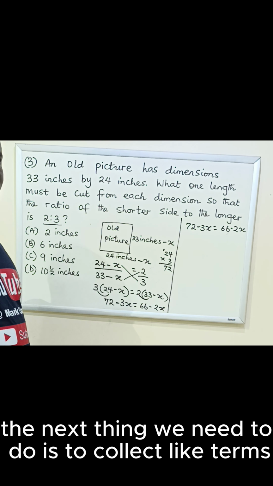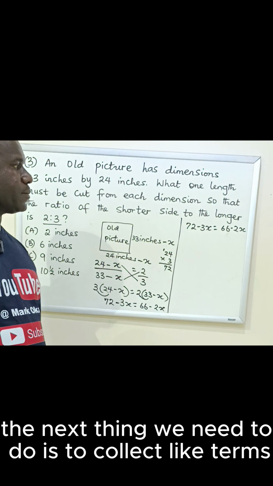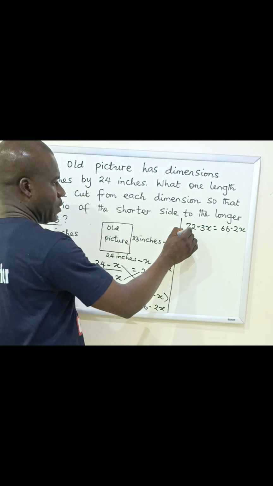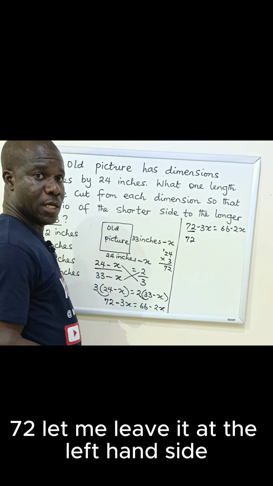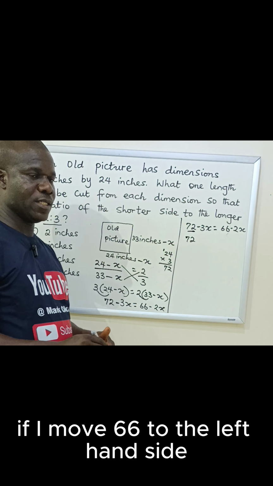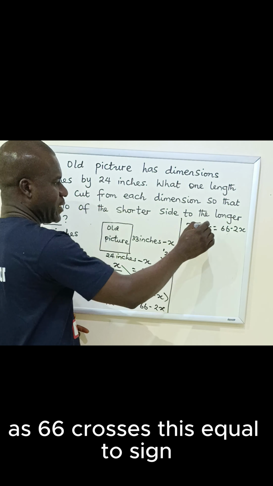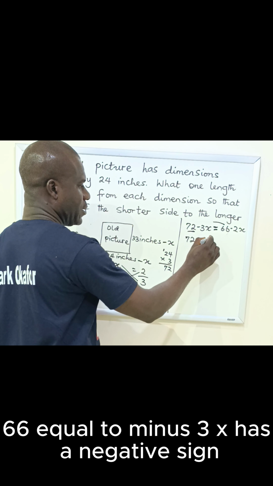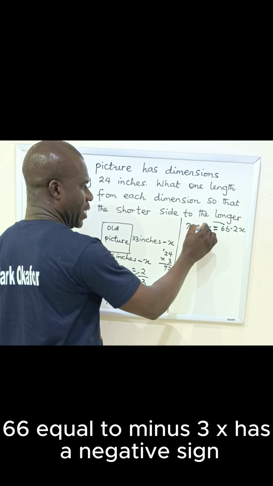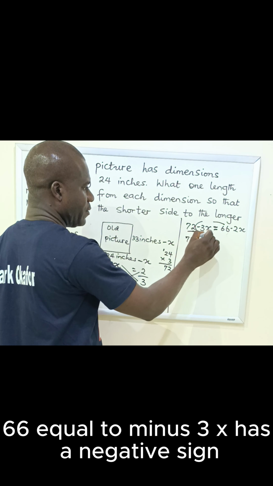Now, the next thing we need to do is to collect like terms. 72, let me leave it at the left-hand side. If I move 66 to the left-hand side, as 66 crosses this equal to sign, it changes to negative 66, equal to minus 3x. Minus 3x has a negative sign.